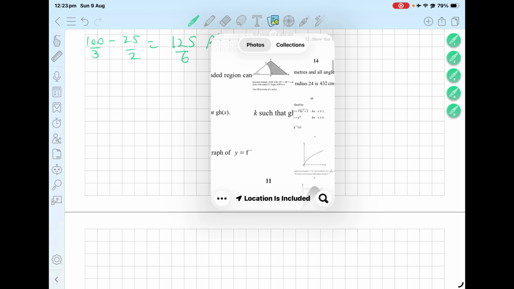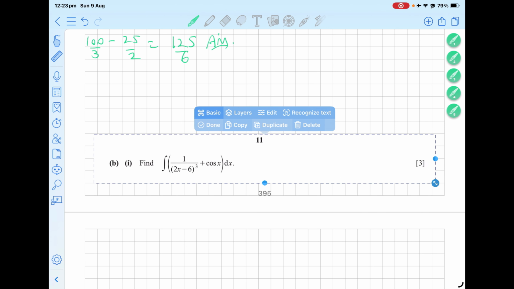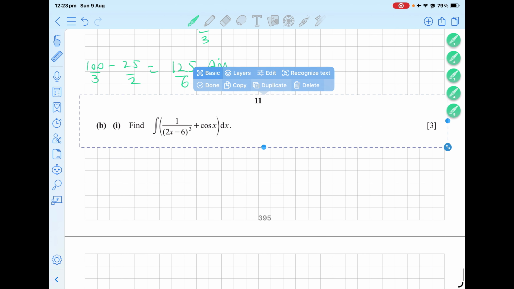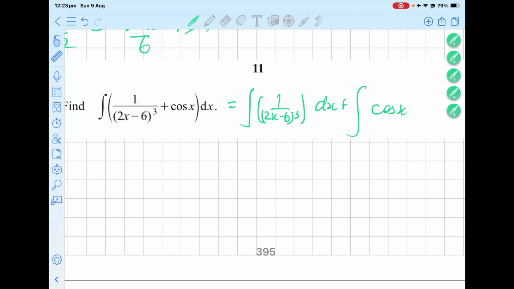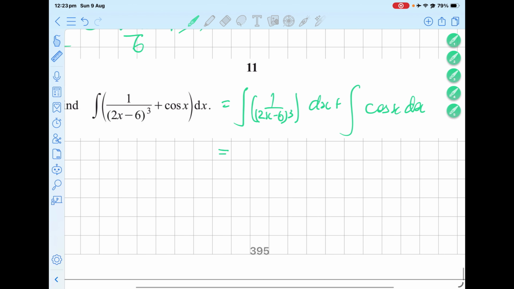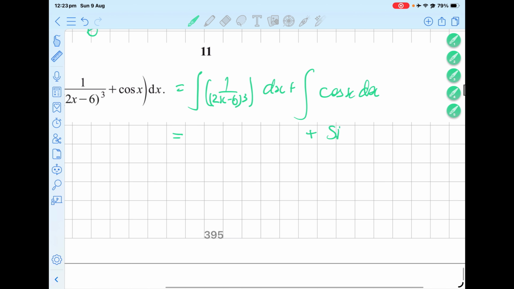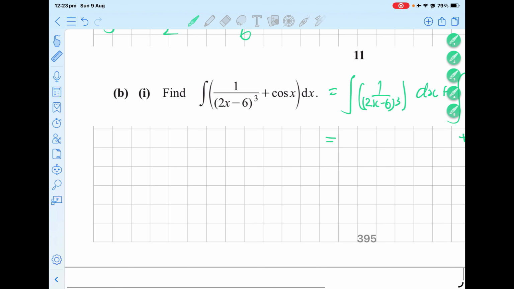Okay, then moving on. So this one, we can split it into the integral of 1 over (2x minus 6) cubed dx, and then the integral of cos x dx. So here this is like u. So first we can have sin x, and then I can call u equals 2x minus 6.